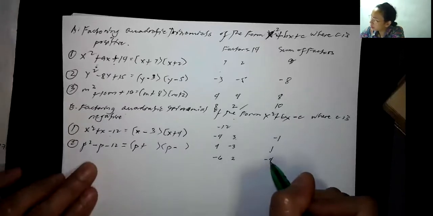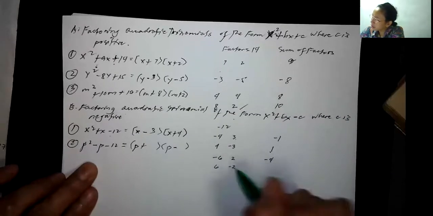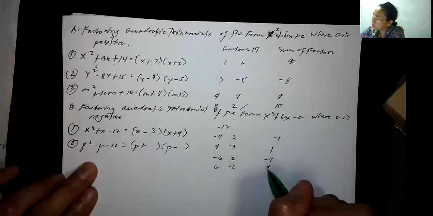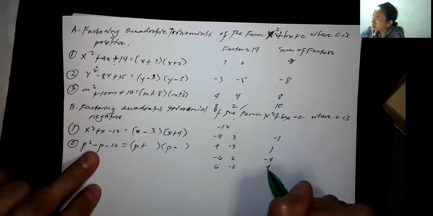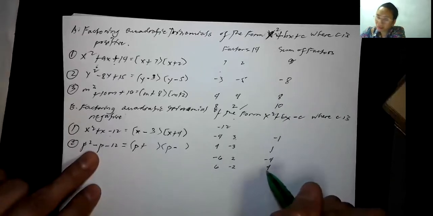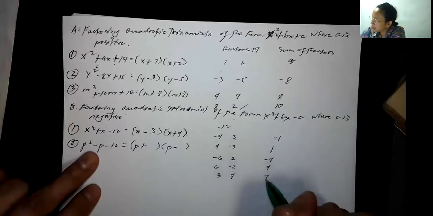So another factor is positive 6 and negative 2, it gives us a sum of 4. So still we have no right answer for the middle term. So another factor is 3 and 4. So 3 plus 4, 7.